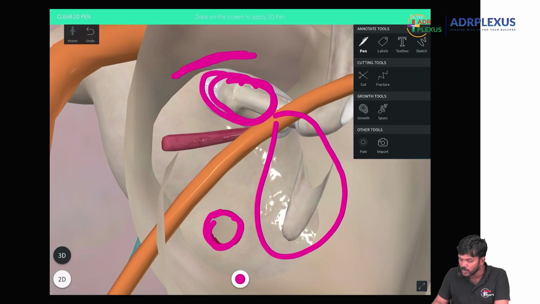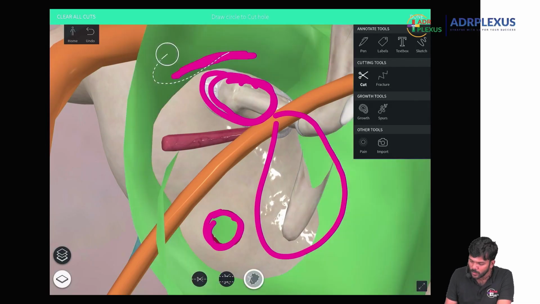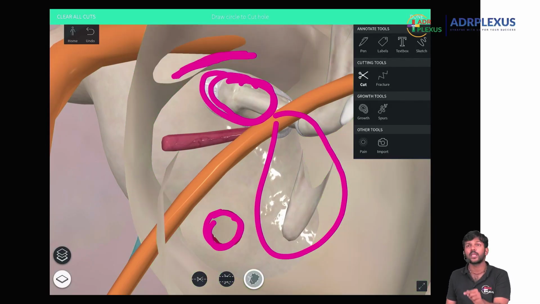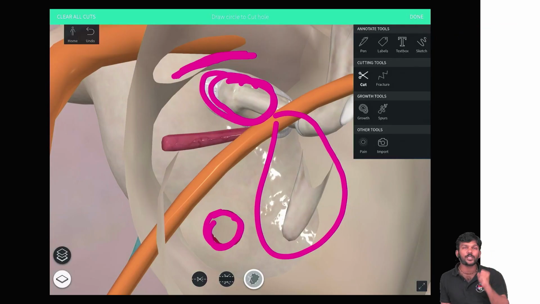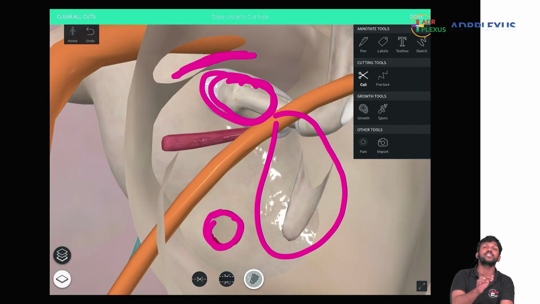In this superior most part, I'm going to cut a bony portion from it. Can you see the yellowish structure visible on removing the bony portion? That yellowish structure is called facial nerve. The bony portion which is surrounding the yellowish structure is called the fallopian canal or facial canal.